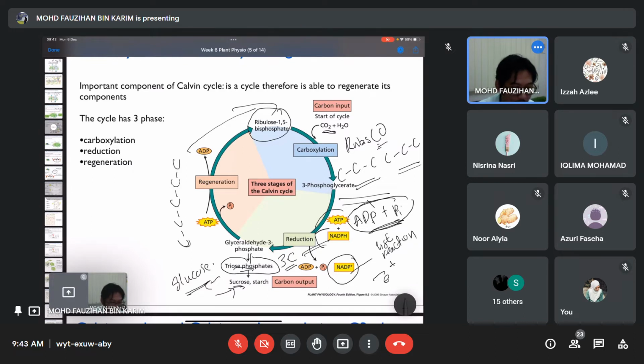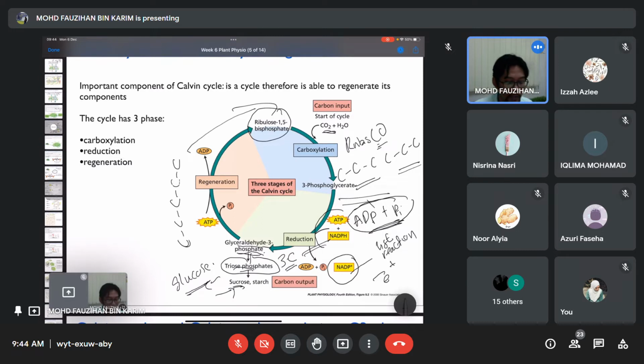For this process, ATP is to be used to fuel up the reduction process, and at the same time to attach one phosphate into the carbon molecules to make glyceraldehyde triphosphate.